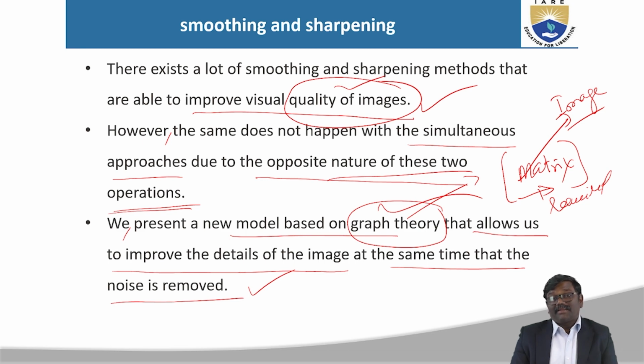How do those pre-processing techniques happen? Being an engineering student, how do we understand that? The main secret is that we are applying smoothing and sharpening processes in terms of graph theory. That means mathematically we are processing.